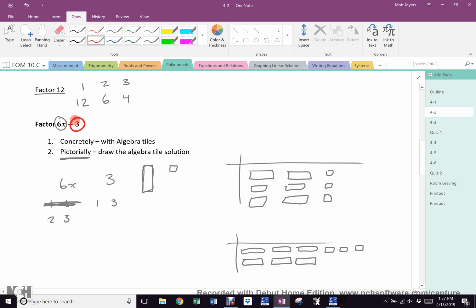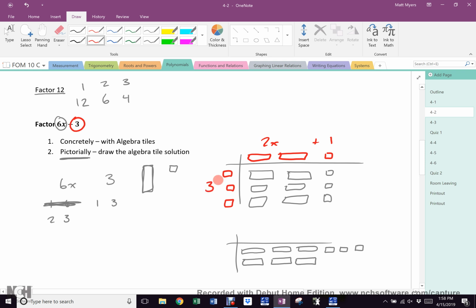What are the factors? Where do the factors live? On the outside. What's that and that? 2x, and what's that? Plus 1. What's that? 1. What's that? 1. To make 3.